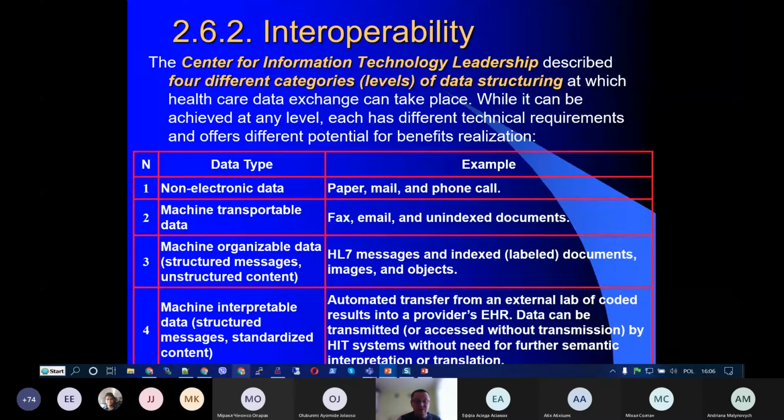The following slides represent the major 4 levels of different categories of data structuring at which healthcare data exchange can take place.